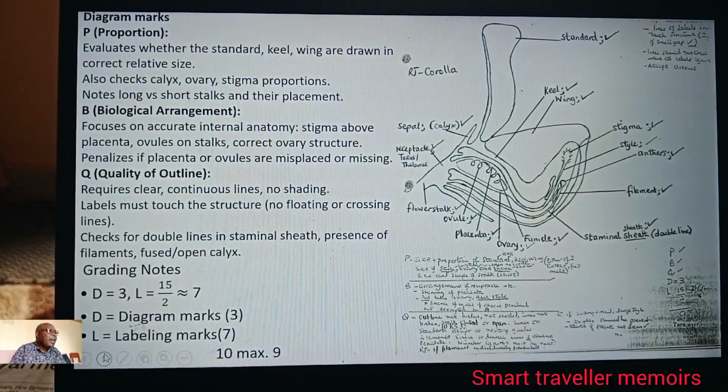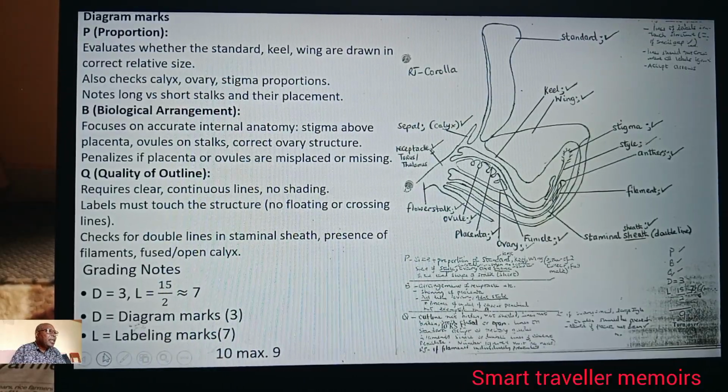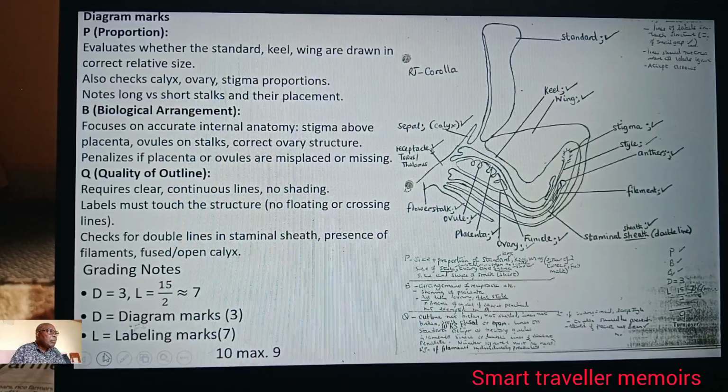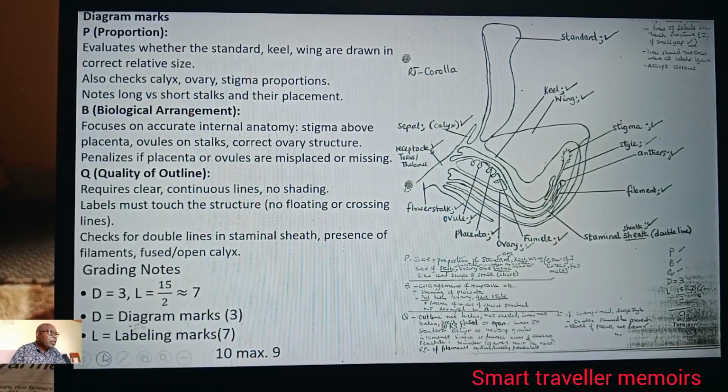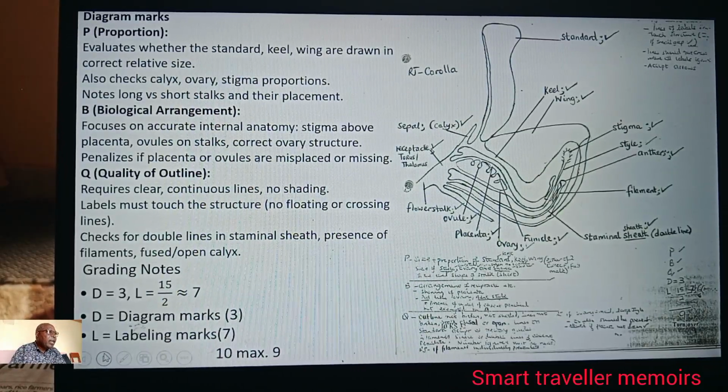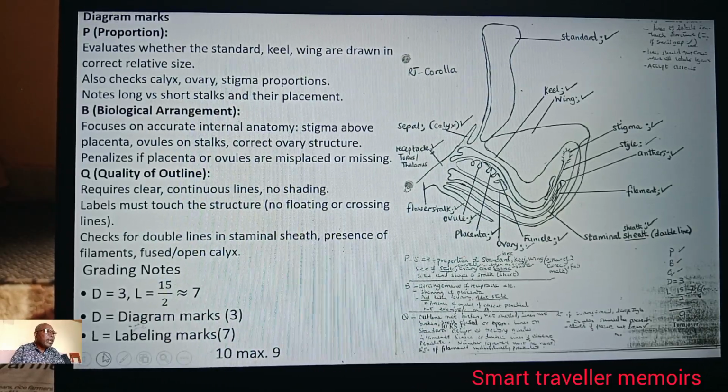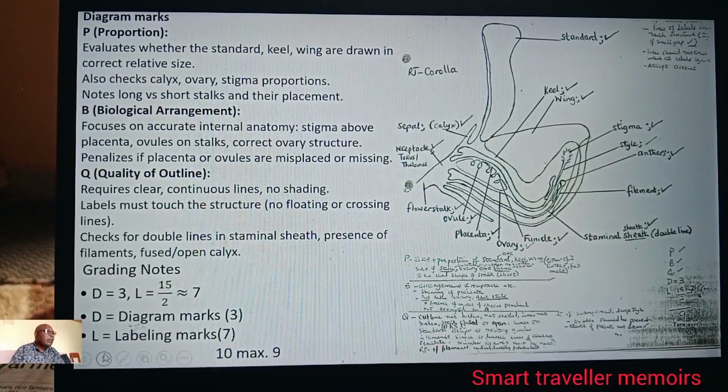So we have the standard, the keel, wing, stigma, style, anther, filament, staminal sheath, which should have a double line, funicle, ovary, placenta, ovule, flower stalk, receptacle, or torus, or thalamus, sepal, or somebody can say calyx, but you reject any label of corolla.